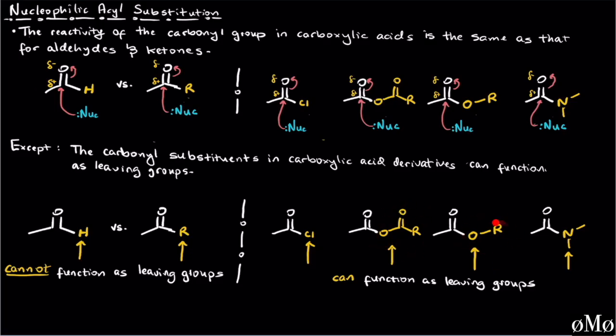So is your alkoxide, as long as you're in the correct conditions and correct protonation states, as well as, in some cases, your amines. So you can make these groups good leaving groups, but for your carbon and your hydrogen, they can pretty much never be made good leaving groups. And that is what differentiates the mechanisms with your aldehydes and ketones versus the mechanisms with your carboxylic acid derivatives.